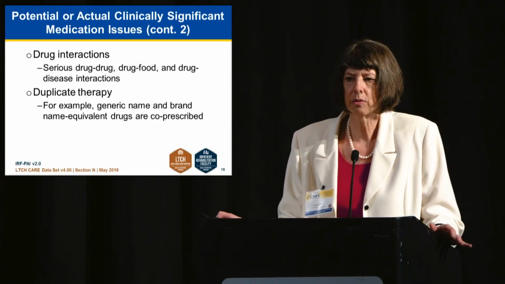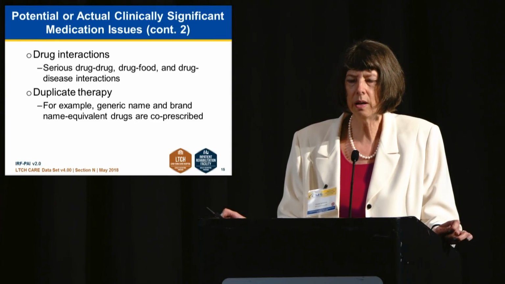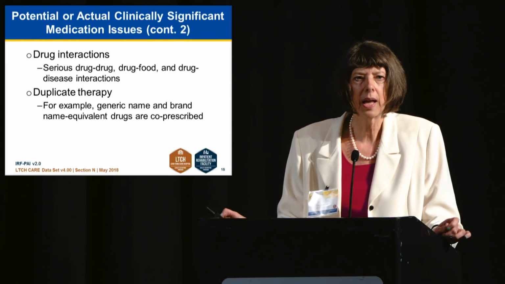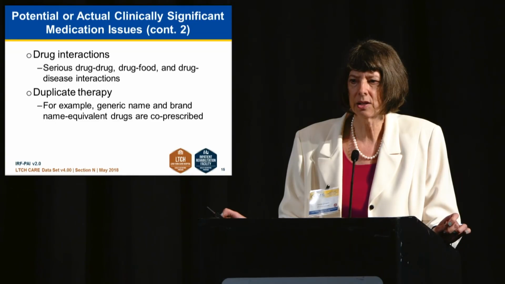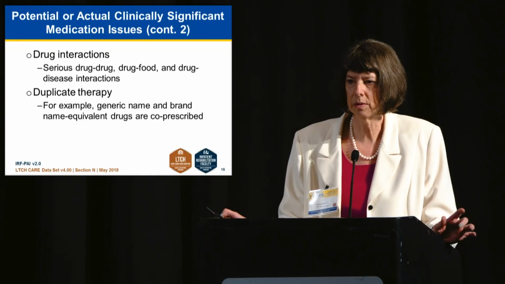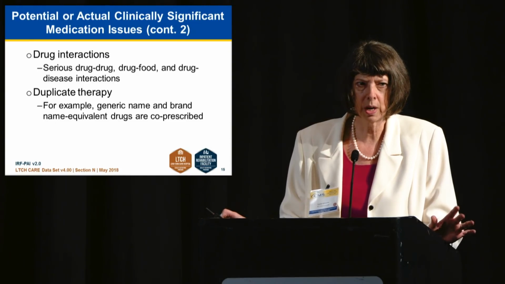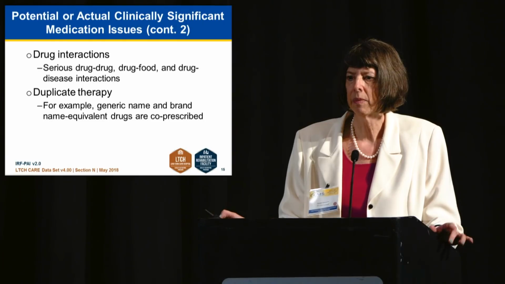In addition, drug interactions would be an example: serious drug to drug, drug to food, and drug to disease interactions. And these can be very patient specific in terms of the disease and the type of patient that you have, and in regard to what drug you're looking at.